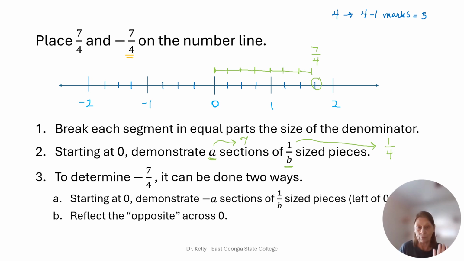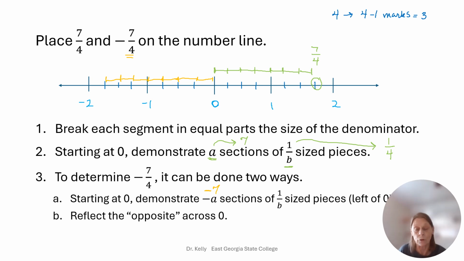But one thing you could do that's not the idea of opposites is just go in the negative 7 direction. So we could go negative 7 of these: 1, 2, 3, 4, 5, 6, 7. That could get you to the spot as well.